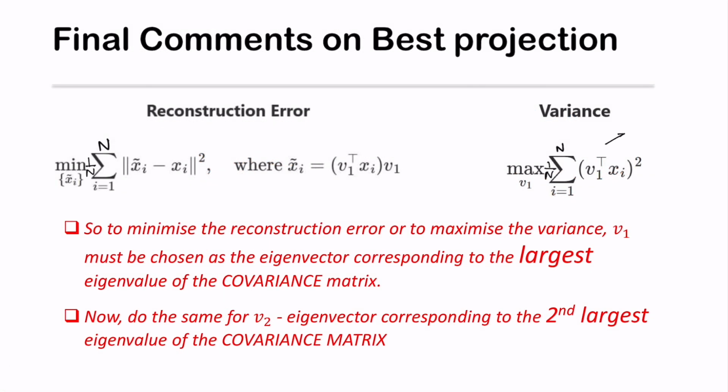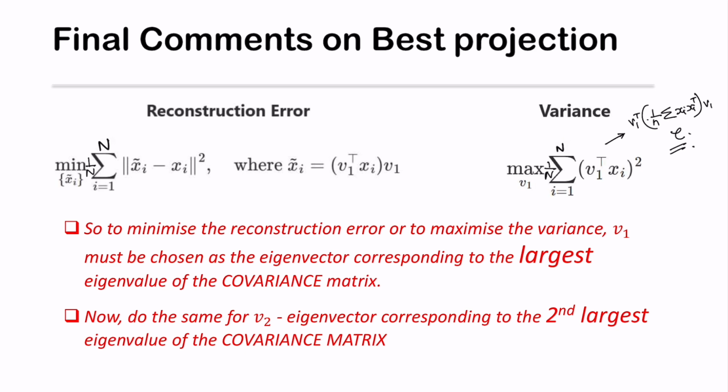So we have seen a few results. One important one being that the minimization of reconstruction error is the same as maximization of the variance. And then we solved the maximization of variance formulation in order to see that it will be maximized when we choose v1 to be the eigenvector corresponding to the largest eigenvalue of the covariance matrix.